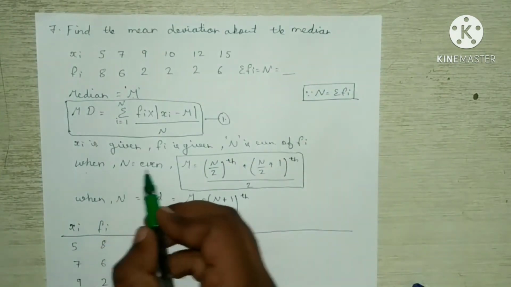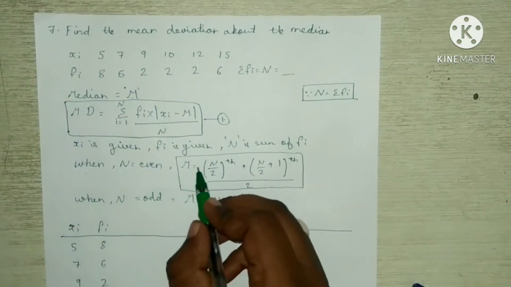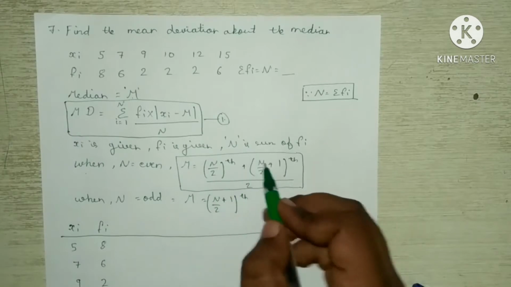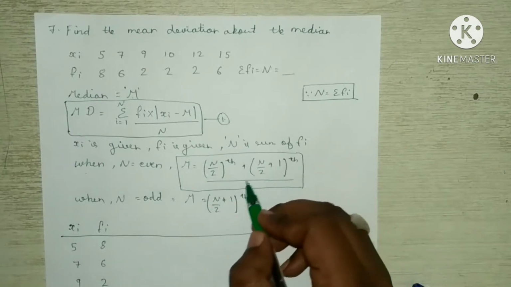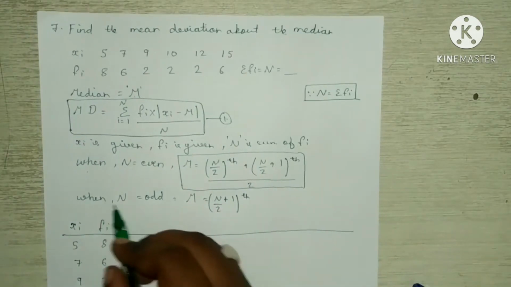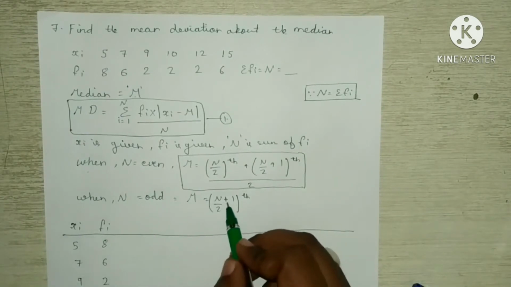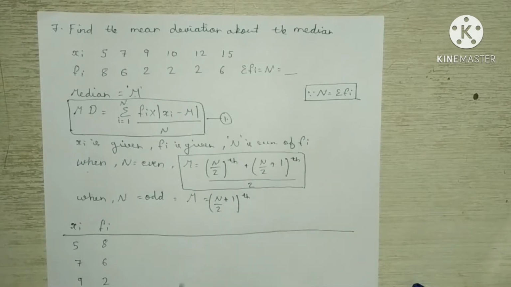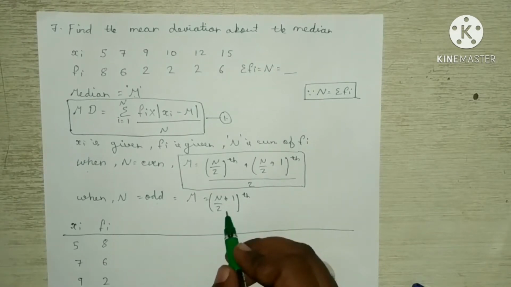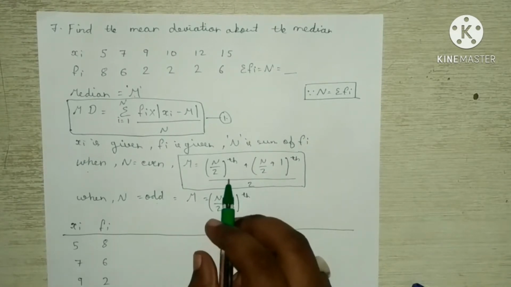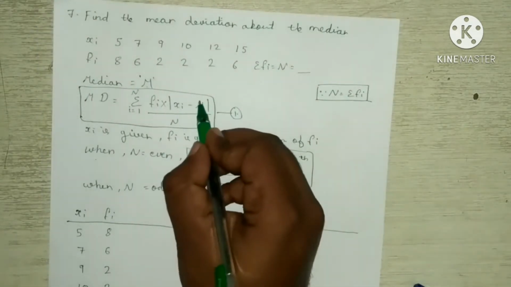When n is even, the median formula is the n by 2th term plus the n by 2 plus 1th term, all divided by 2. When n is odd, the median formula is the n plus 1 by 2th term. This is the formula to find the median.